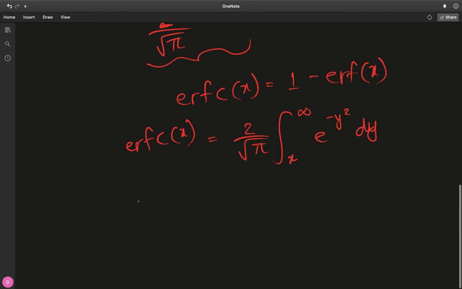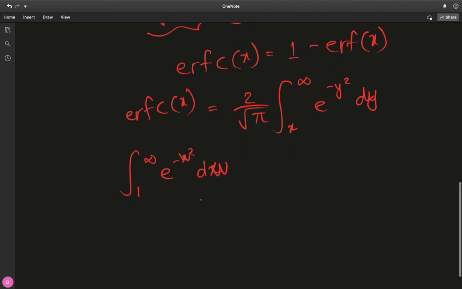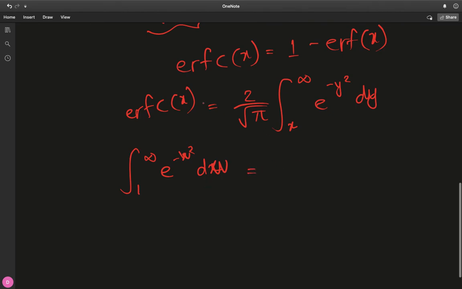But notice that in our original integral that we had to calculate, we had the integral from 1 to infinity of e raised to minus x squared dx, for example. I think it was I1. Well, this is just going to be taking this normalization factor on that side, square root of pi over 2 times the complementary Gaussian error function of 1, because the lower bound is 1 and x, the parameter, was basically the lower bound. Well, that's exactly what our integral now converts to.